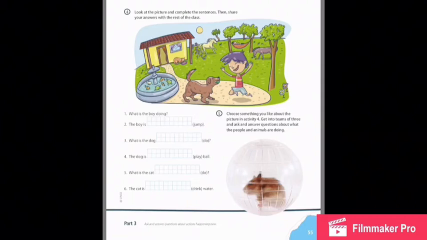Page 55. On this page, you have to look at the picture and complete the sentences. We use present continuous, present progressive to talk about something that is happening in this moment or at the moment. For example, the verb play.